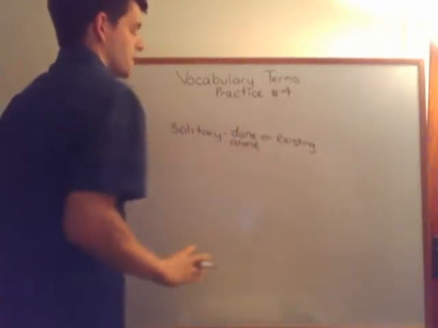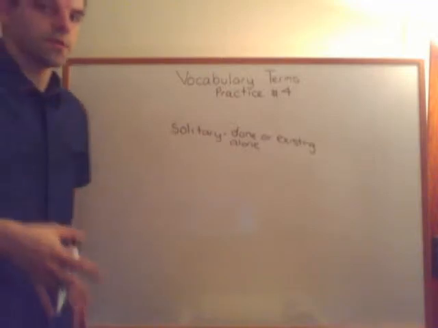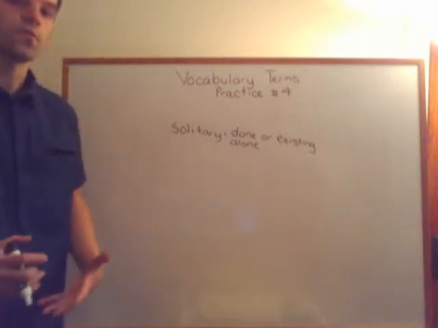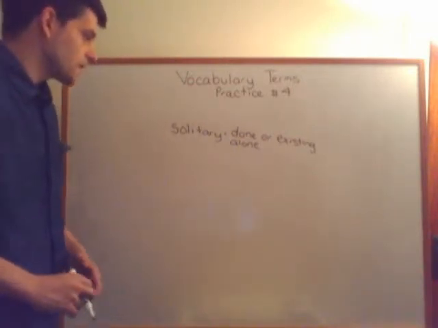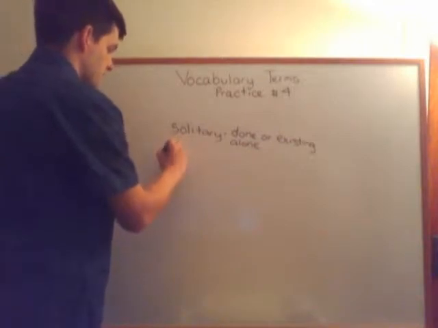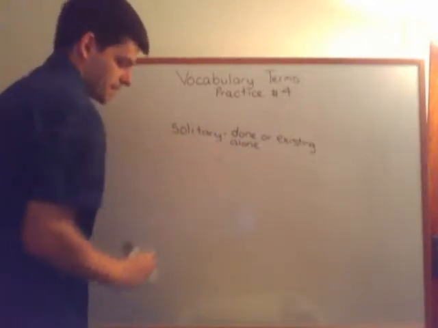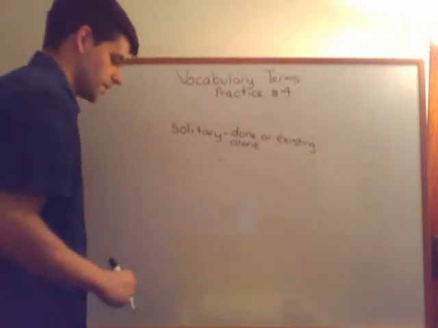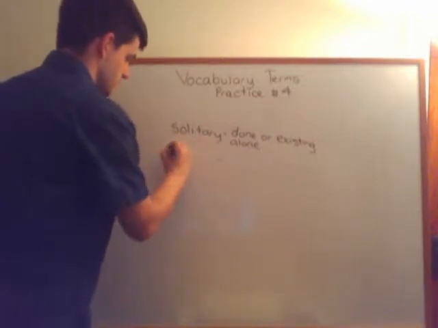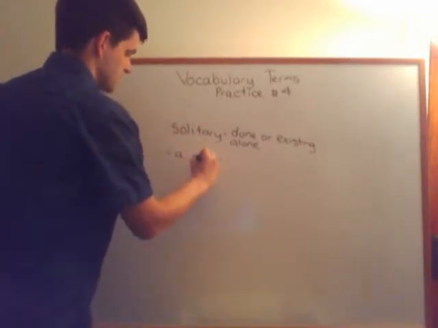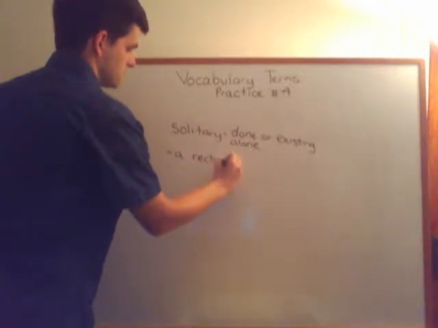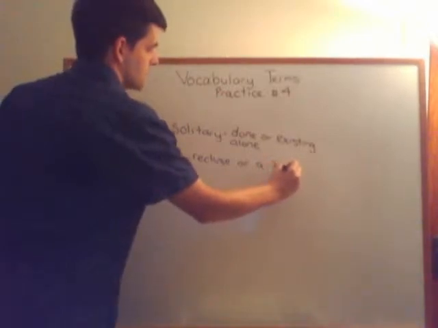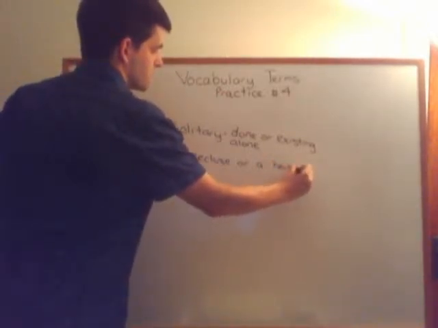Now, the word solitary is actually derived from the Latin solitarius, which means the same thing, alone or by oneself. Okay. The second definition of solitary is to be a recluse or a hermit. Okay, a recluse or hermit.